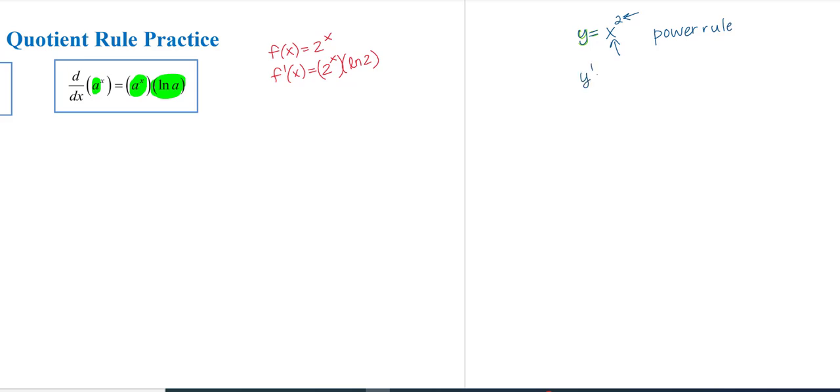So I would have said y prime, bring down your exponent, because again, that's a constant. Keep your base the same, that's where your variable is, and subtract 1. We don't necessarily have to write to the first, but you certainly can. And that's just power rule differentiation. That's vastly different from what we're saying we have right here.